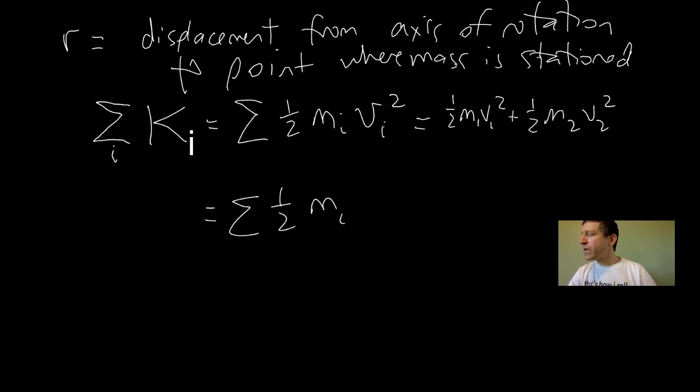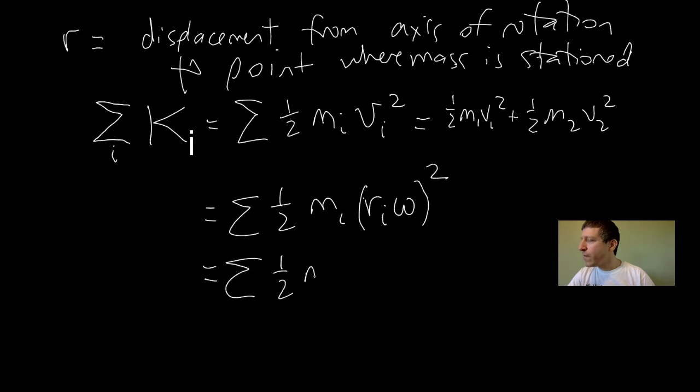Instead of v_i, I'm going to express this in rotational variables, that would be r_i times omega, and notice omega is the same for both objects, squared. All I did is replace v_i. Let's rewrite this: the sum of 1/2 m_i r_i squared omega squared.